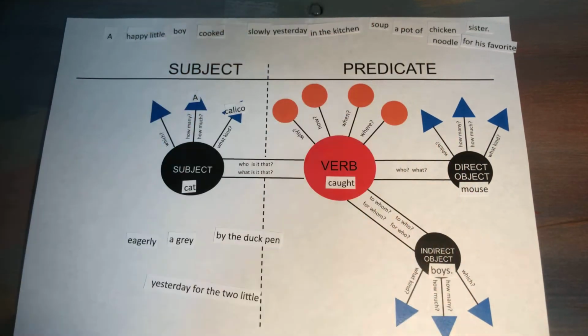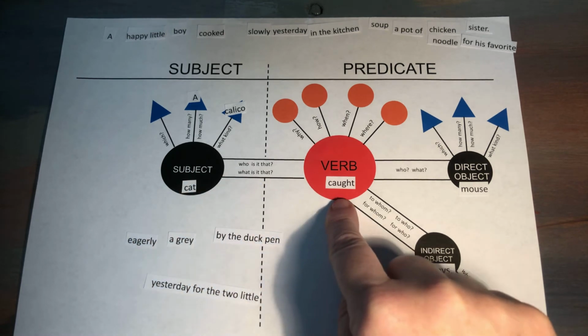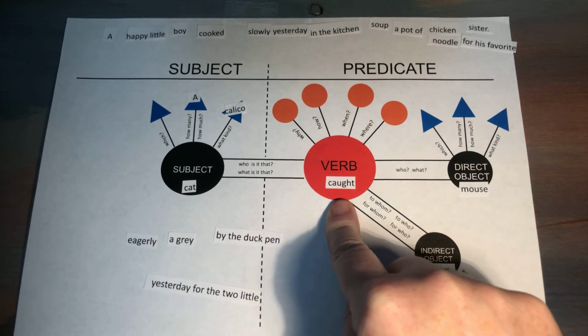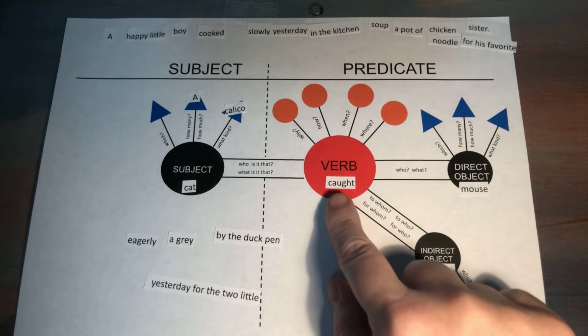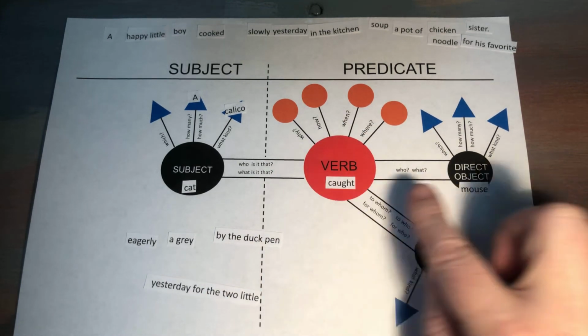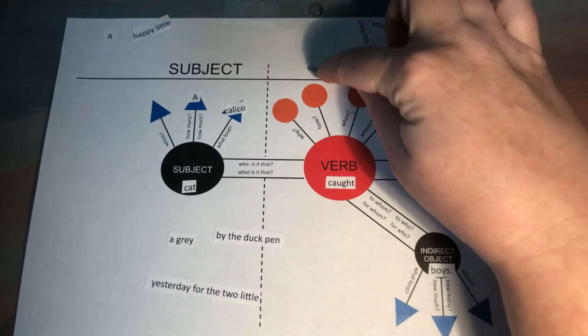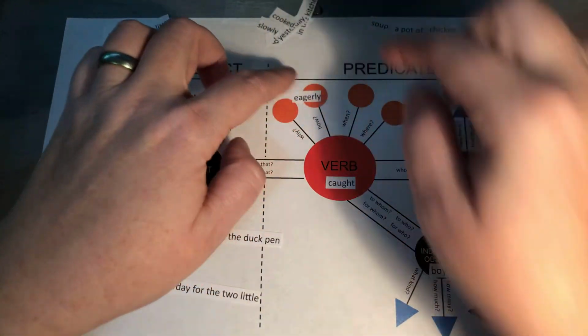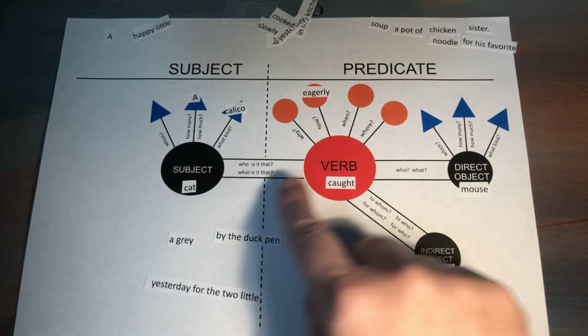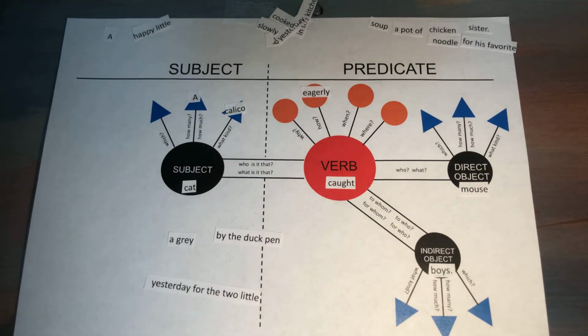A calico cat. A calico cat caught what? Why, how, where, and when? How did the calico cat catch the mouse? Eagerly. Oops. Caught all those other words on accident. The calico cat eagerly caught the mouse.